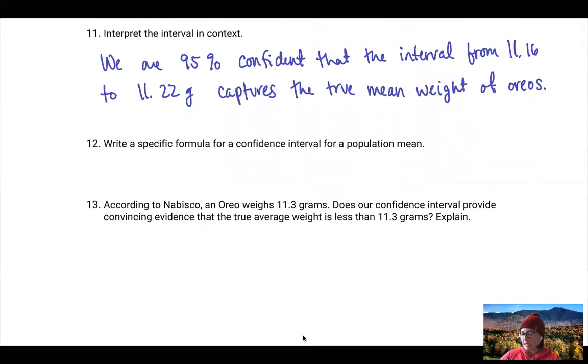The specific formula that we used, we took our sample average, so X bar, we added and subtracted our T star times our sample standard deviation divided by the square root of our sample size.